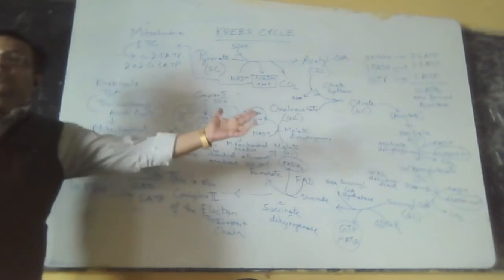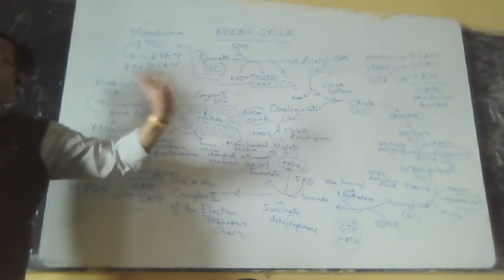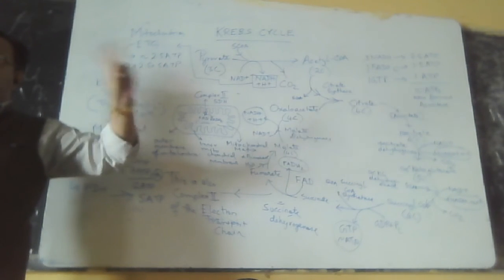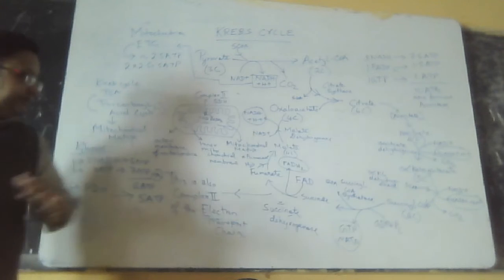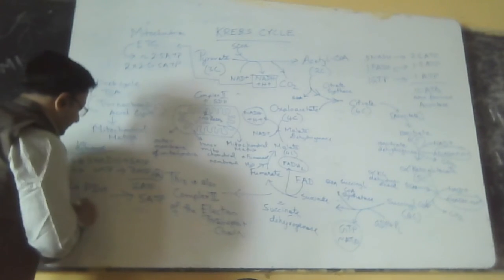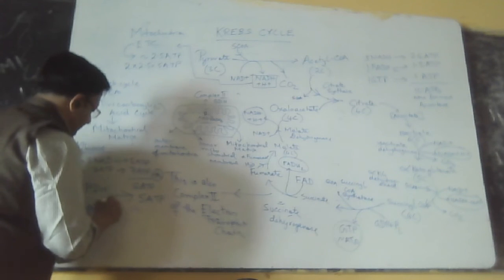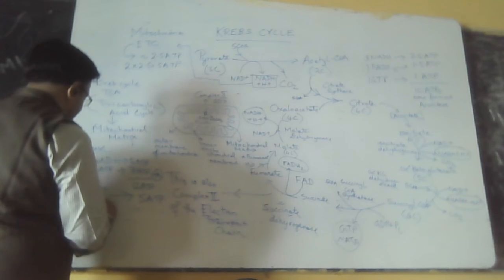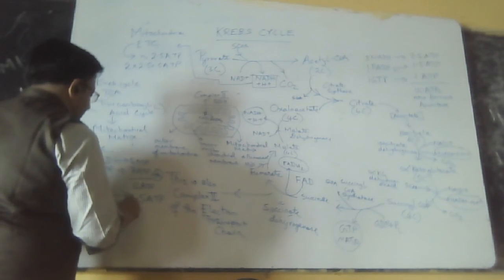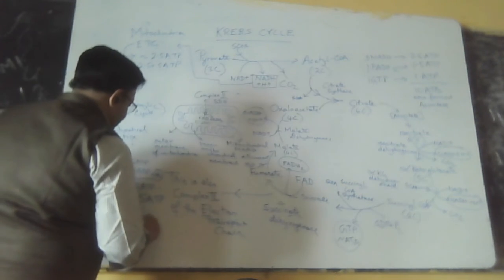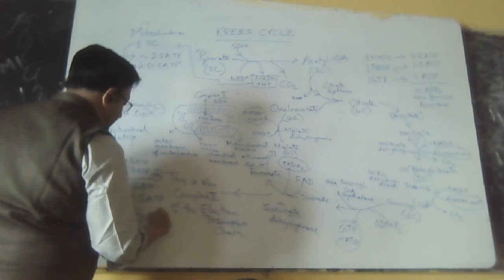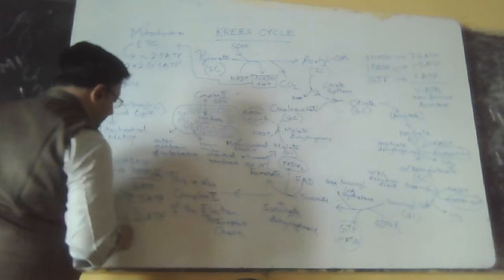Krebs cycle has 1 cycle 10 ATP, 2 cycles 20 ATP.